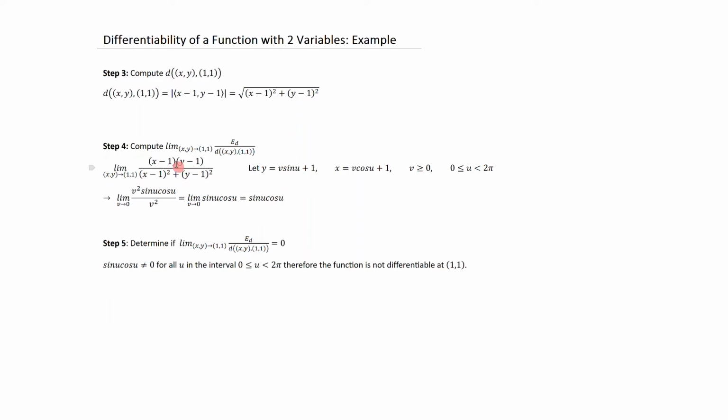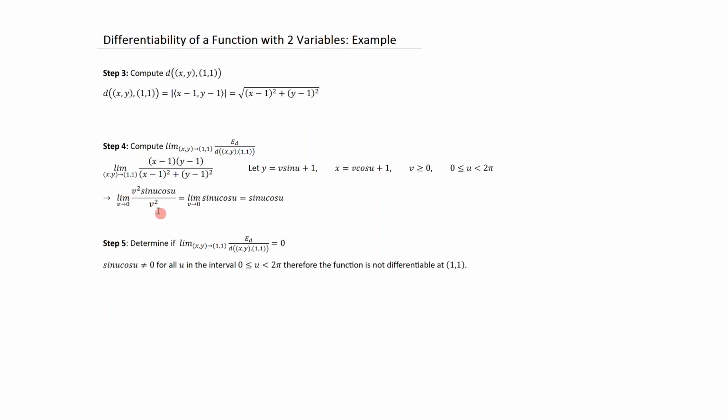So if we make these substitutions into this expression, we need to figure out what the limit would be if you're going to (1, 1). How does that transform into conditions for v and u? Well, in this case, v would have to go to 0. So v going to 0, u can be anything within this range, and you end up with a transformation that makes this expression v squared sin u cos u divided by v squared.